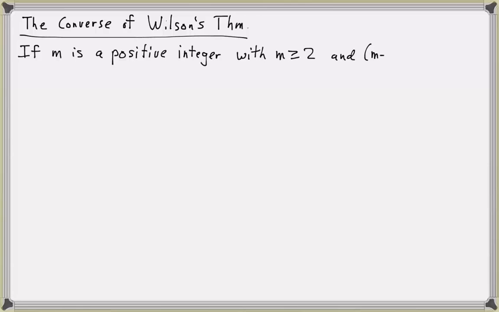So if m is a positive integer greater than or equal to 2, and further, m minus 1 factorial is congruent to negative 1 mod m, then we will show that the only way this is possible is if m is prime.